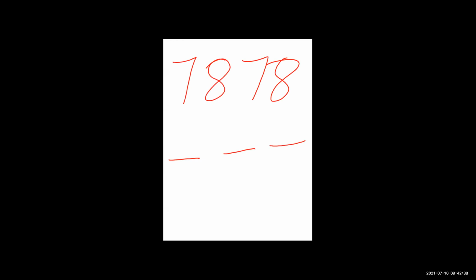After 8, what number will come, 7 or 8? Yes, very good, Spruha. 7 will come. After 7, what number will come? Yes, very good, Dhaval, Aradhya. Yes, Ayansh. After 7, 8 will come. Then again 7, then again 8. 7 8 7 8 7 8 7 8. So this is the pattern of 7 8.